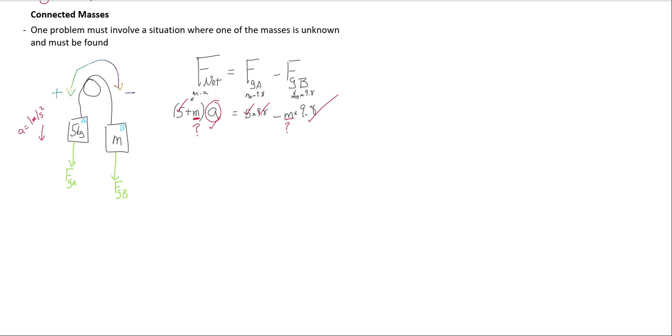All I need to do now is use my imagination and use a little bit of words to make this into a word problem. But now that I know that I need to include my acceleration for me to find my unknown mass, I have everything I need to help me make a problem about connected masses.